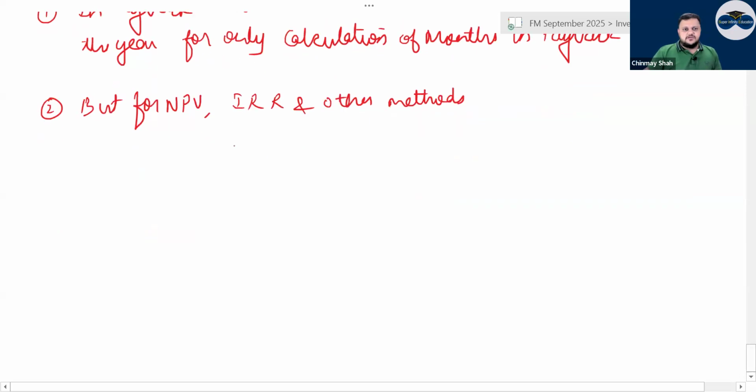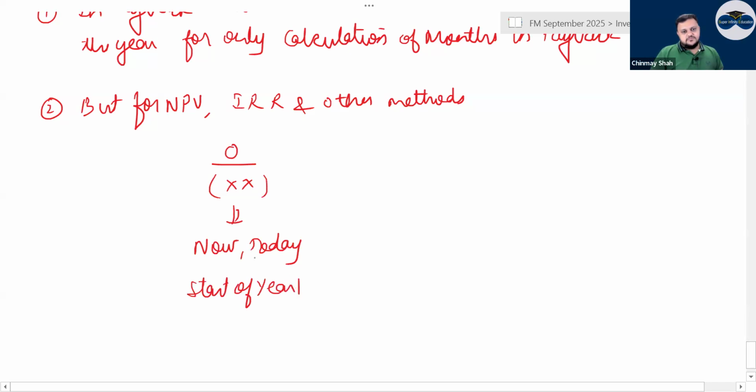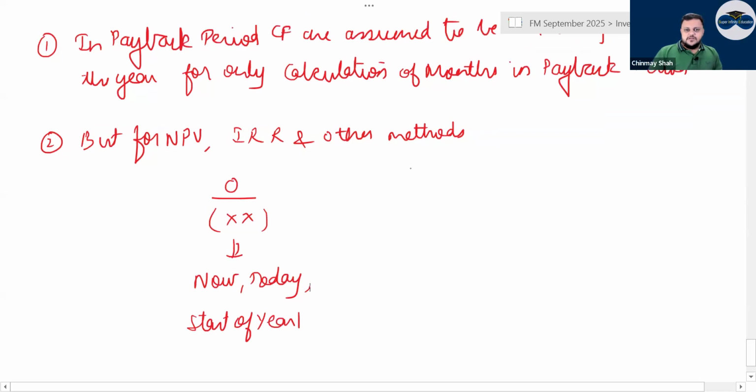Write like this. At zero, if there is any negative cash flow, it is assumed to be now, today. Start of year 1 is also 0. Now, today, start of year 1. Then tell me, the first year, if I write any cash flow, it will be called what?